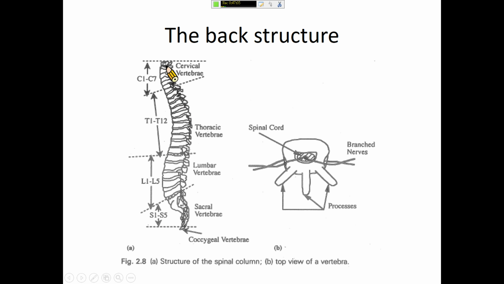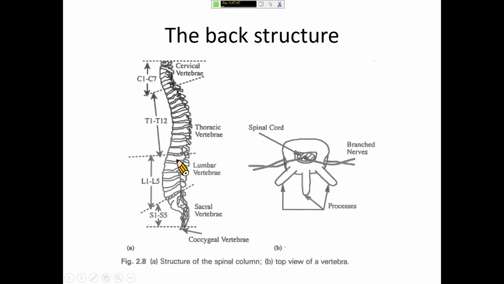Now, so the top section is the cervical vertebrae, cervical area, the neck area. It has 7 bones. 7 bones like this. And then it is the thoracic. Thoracic is where your lung, okay, upper trunk is, which has 12 vertebrae, T1 to T12.